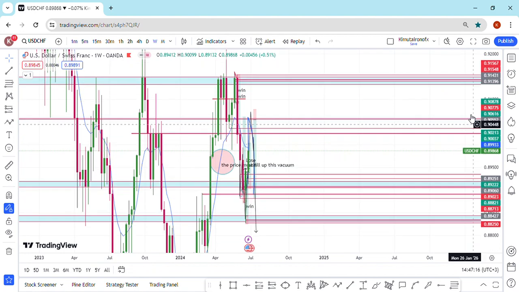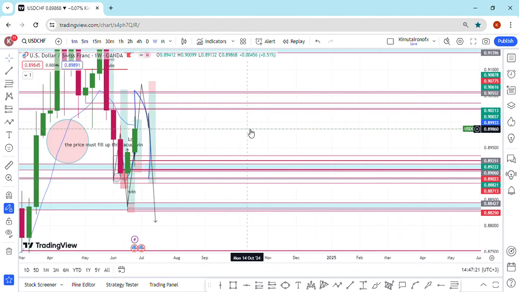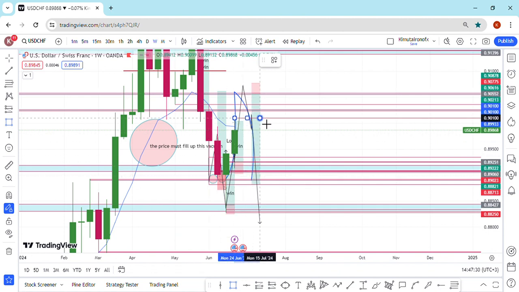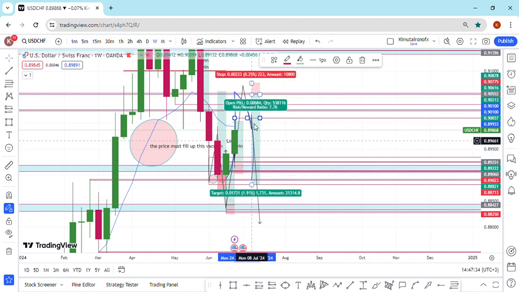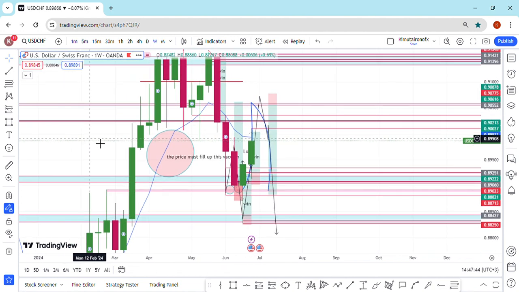I'm going to remove all these noises. You can see the wick of this candlestick at this spot at the top here. Previously this was my analysis for the week, and this one happened to play out perfectly. So it was a good compliment.